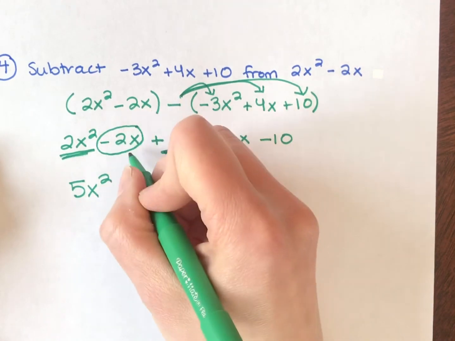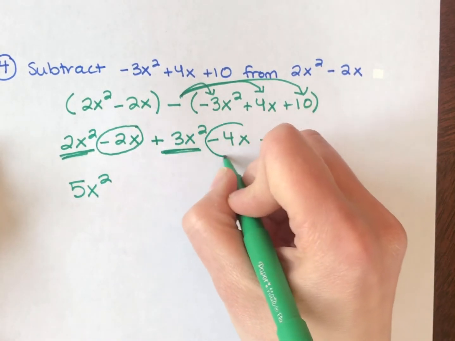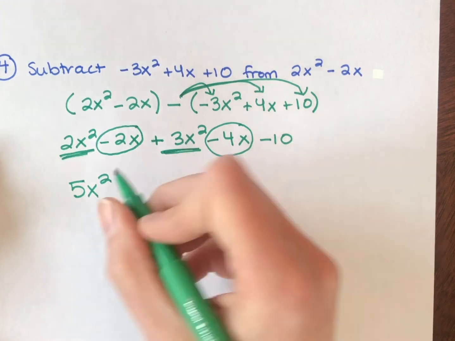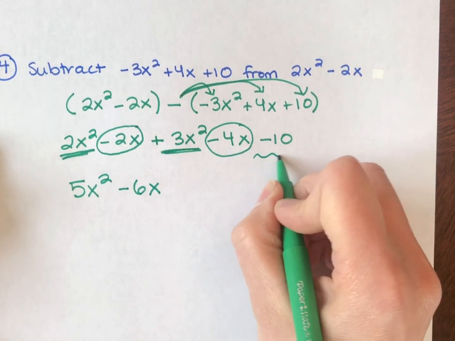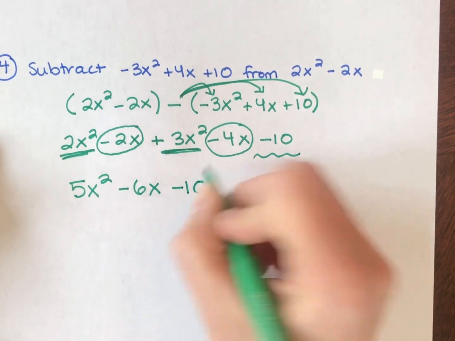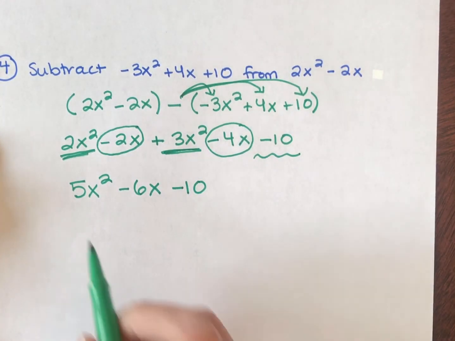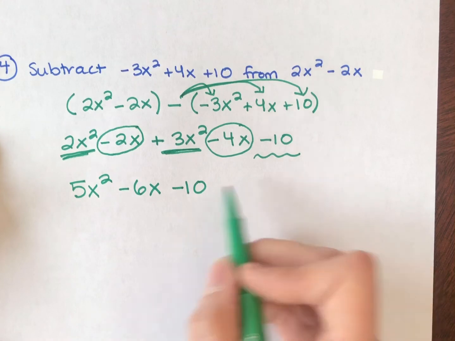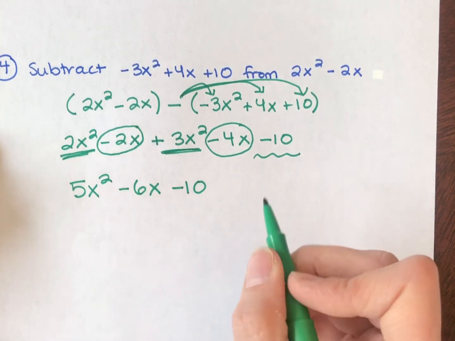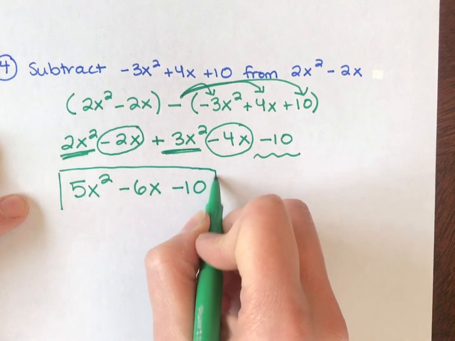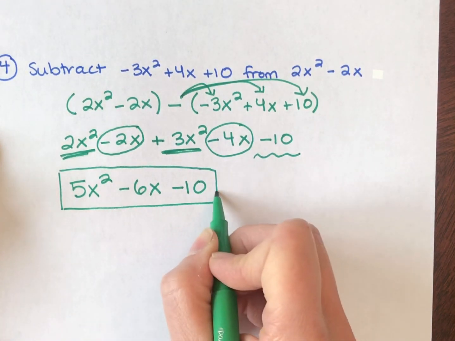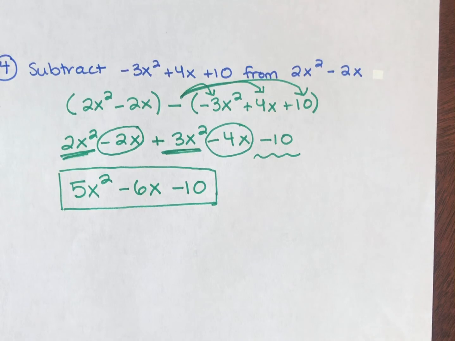I have a negative 2x and a negative 4x. Negative 2 minus 4 is a negative 6x. Then I've got this one at the end, minus 10. It doesn't have anybody to combine with, so I bring that down. My answer is in standard form: 5x to the second minus 6x minus 10. So there you have it for polynomial addition and subtraction.